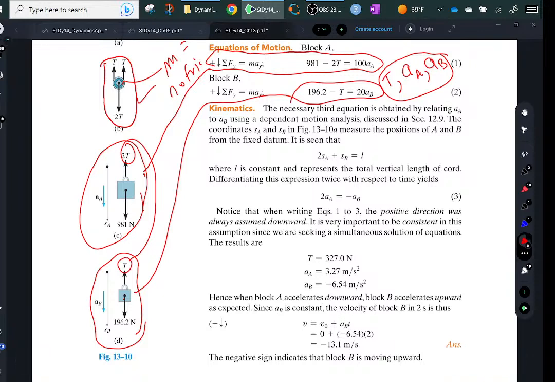The key is, how are these two masses' motions connected? Is acceleration A connected to acceleration B? And that's where you start doing this rope equation.